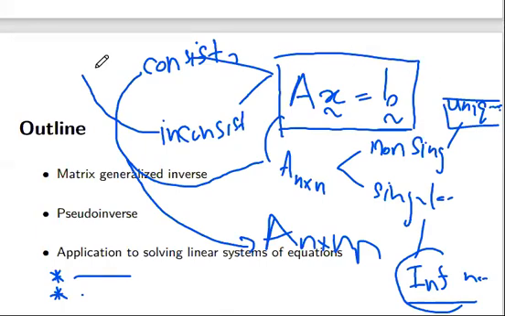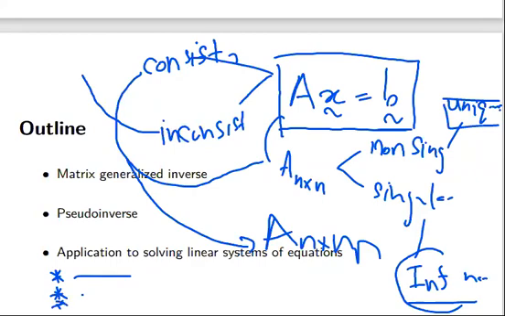Then we cannot find solutions, so there are no solutions. I will discuss that one also today. Today I will cover these three things.